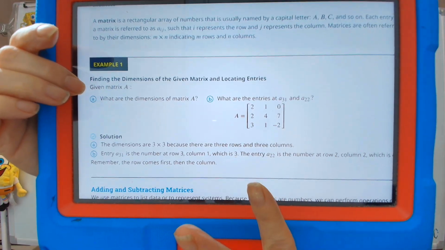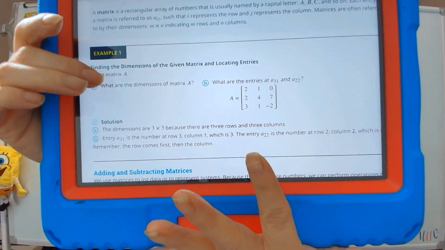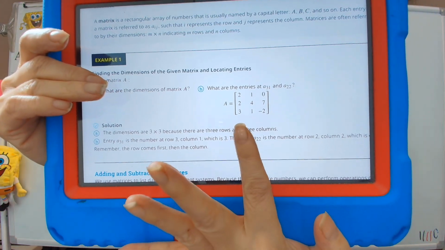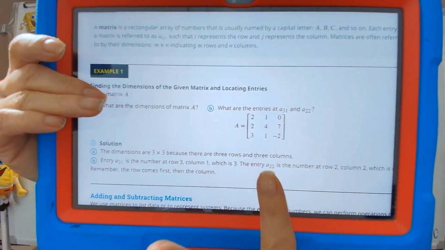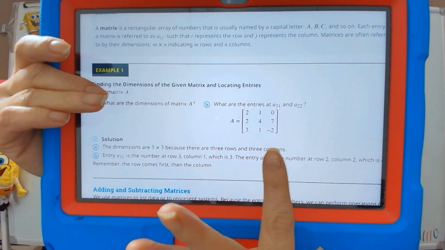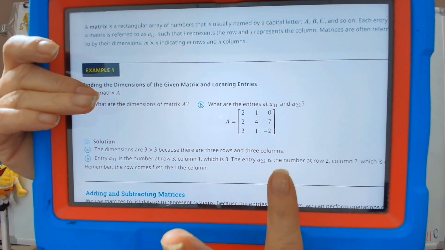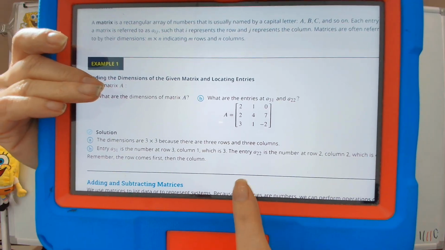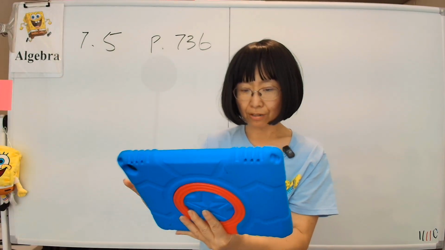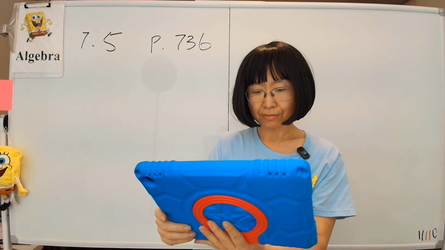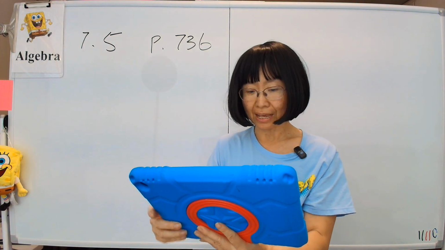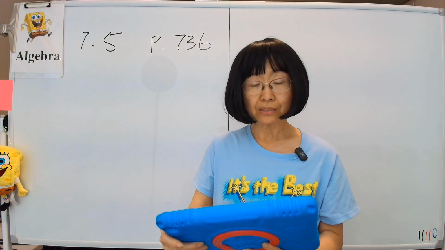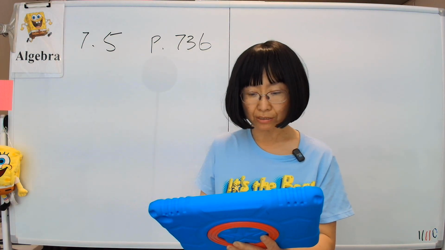Now what is the number at A31? That means it's at row 3 and column 1. In this case it's the number 3. At A22, that is row 2, column 2, and that's the number 4. So please do this example 1 yourself also, okay?